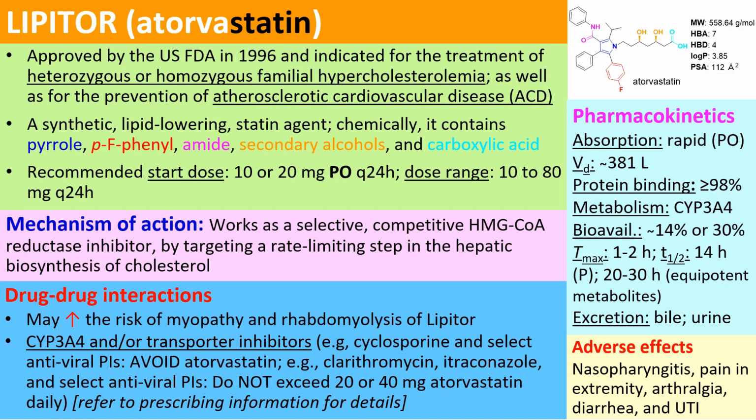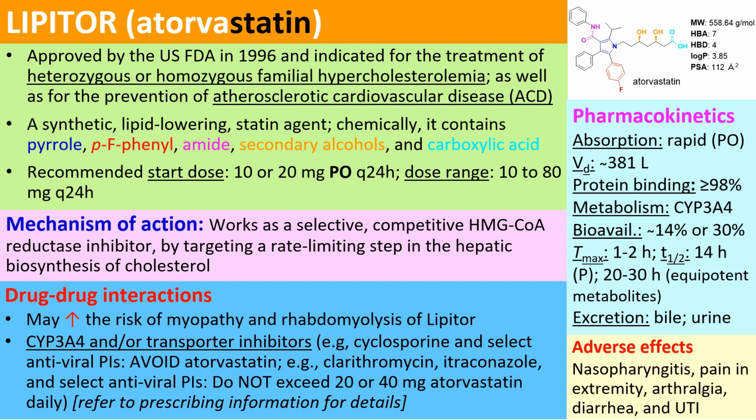Atorvastatin, brand name LIPITOR. This medication was approved by the US FDA in 1996, which is almost 30 years ago, and indicated for the treatment of heterozygous or homozygous familial hypercholesterolemia, as well as for the prevention of atherosclerotic cardiovascular disease.